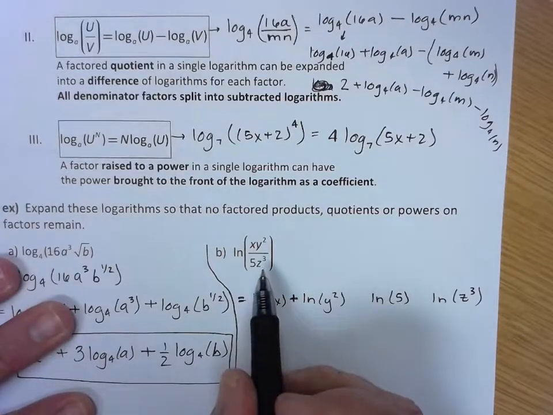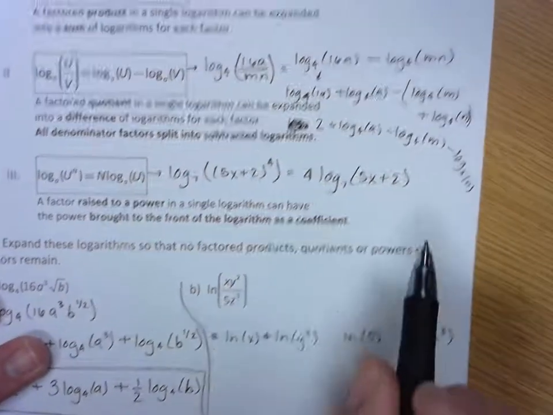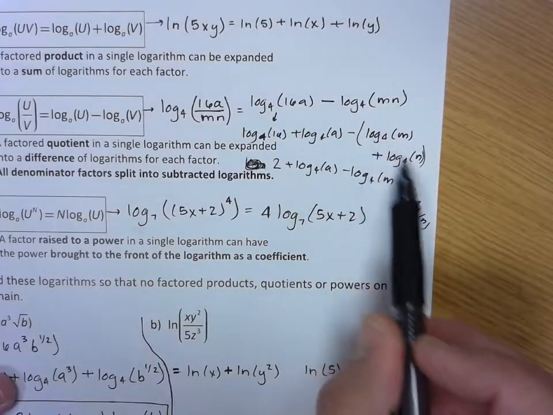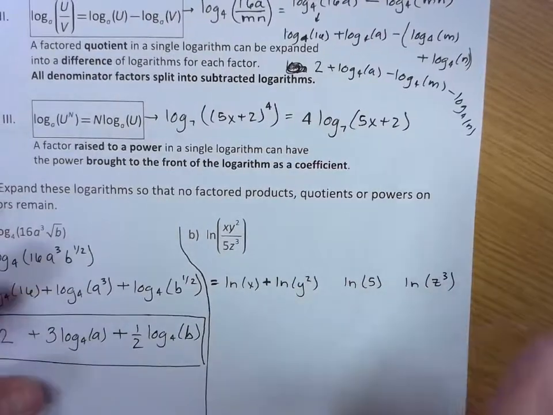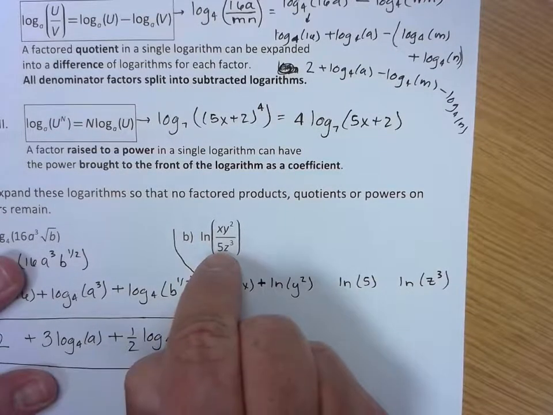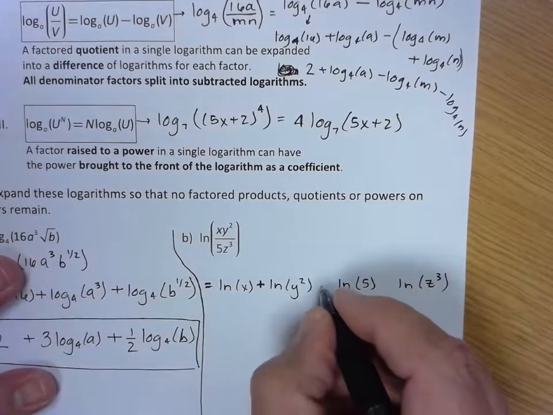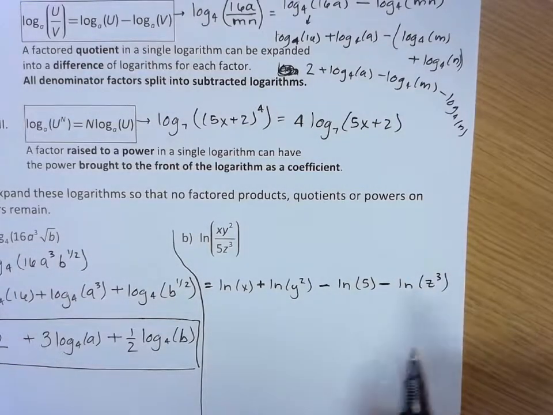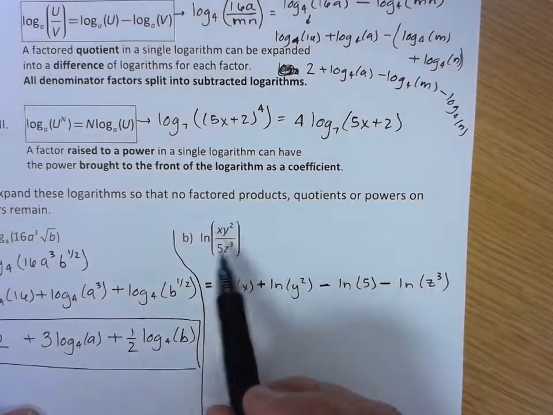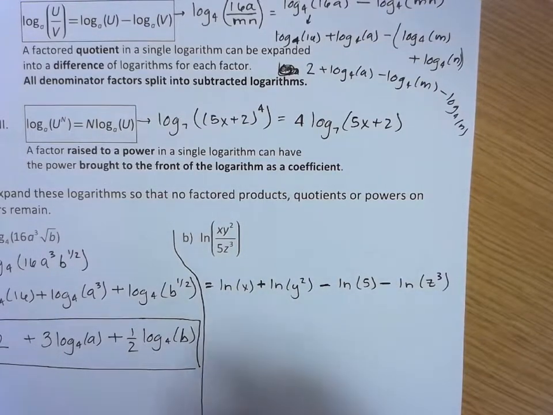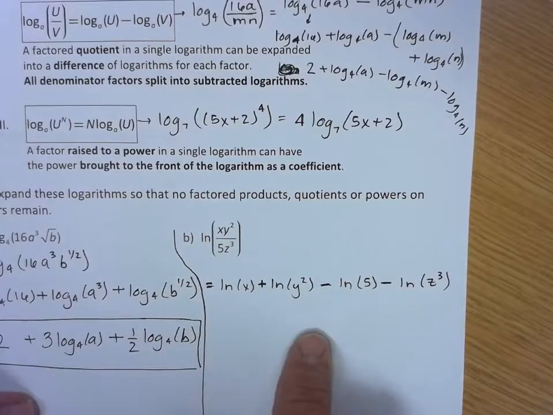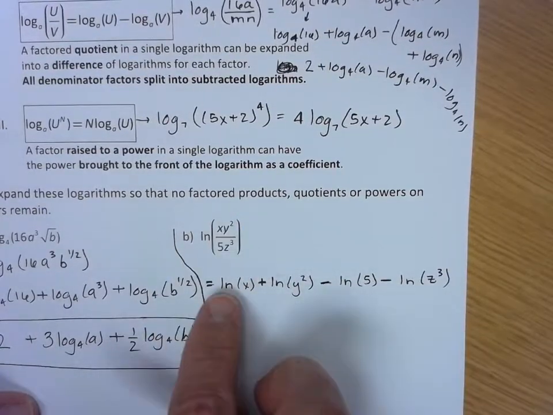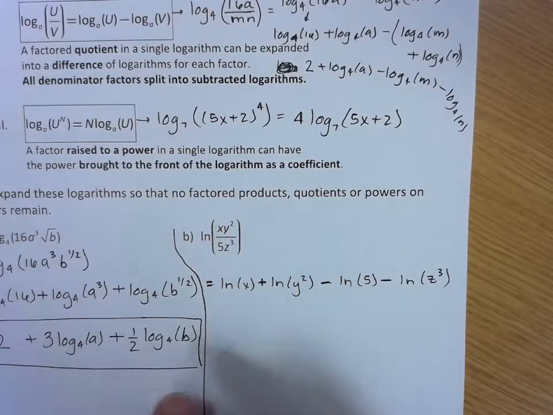And then, if you have any denominator factors, all you need to remember is that denominator factors, when you split them up, become subtracted logarithms every single time. So you'll always get your signage correct if you let the position of the factor in the fraction tell you the sign of the logarithm when you split it apart. So that takes care of using rules 1 and 2 in one step, if you just count the factors and let the position in the fraction tell you whether they're positive or negative.